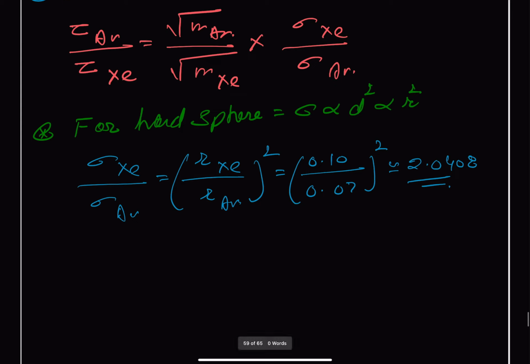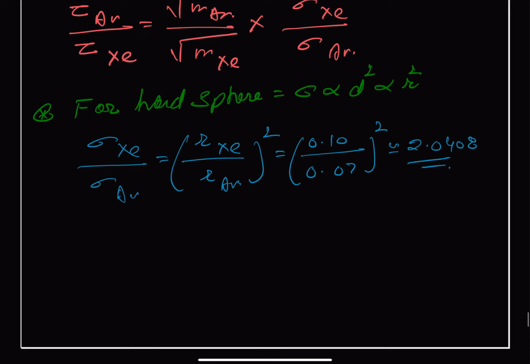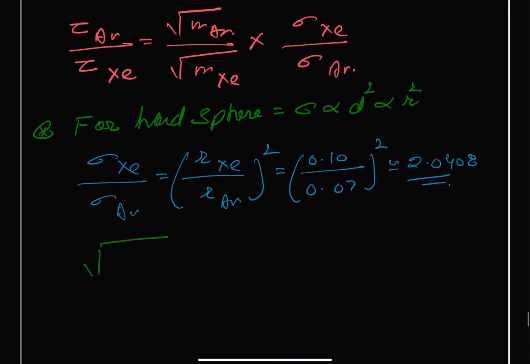So let me calculate that also. The square root of mass of argon divided by mass of xenon is the square root of 40 upon 140, approximately equal to 0.5345.